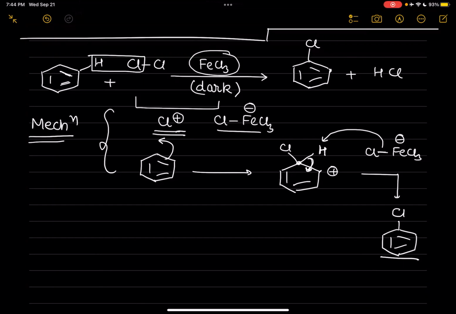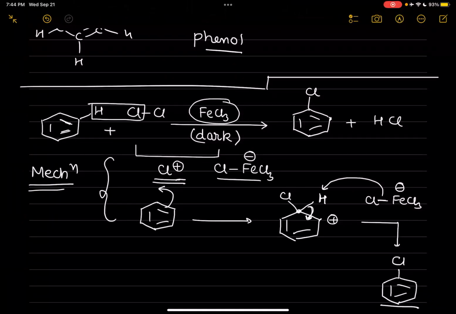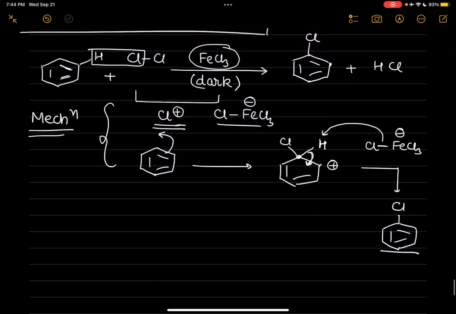And now what happens? So you have chlorobenzene by taking Cl2 and FeCl3. On alkanes you take Cl2 and light, but on benzene you take Cl2 and FeCl3. Okay, so chlorobenzene.